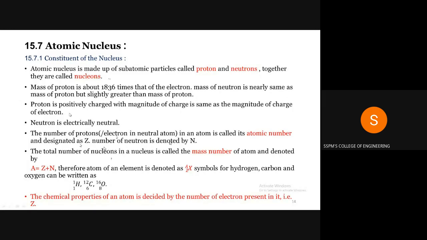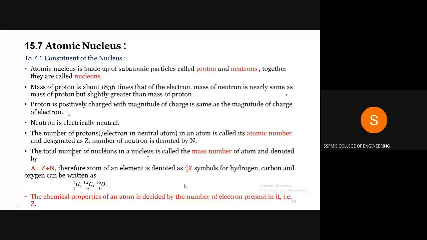Nucleons consist of protons and neutrons. So the total number of nucleons in a nucleus is called mass number. What is atomic number? The number of protons in an atom is called atomic number.